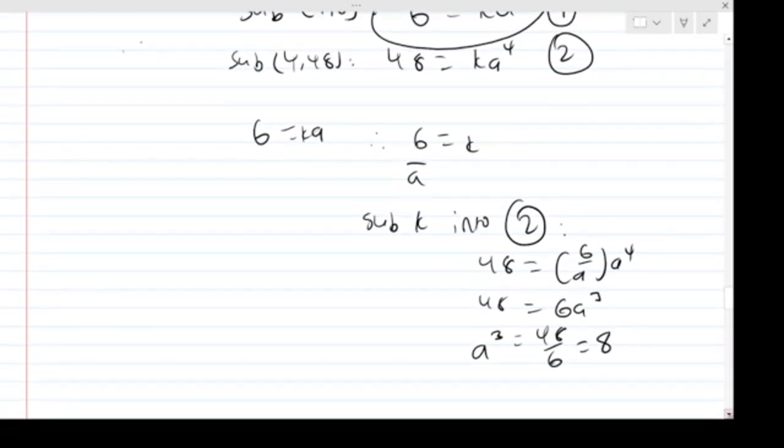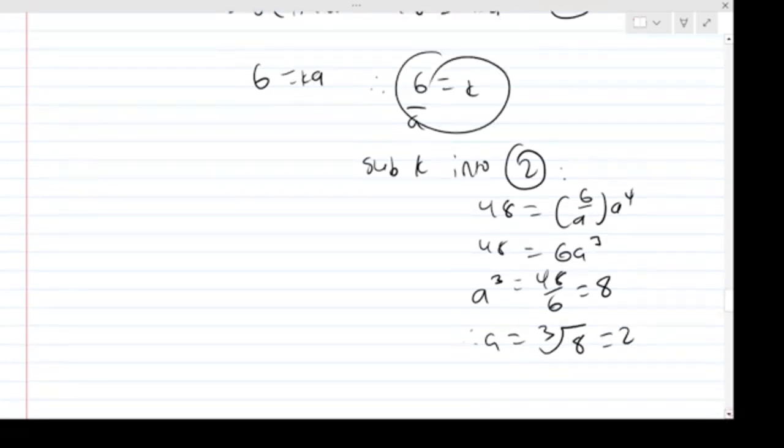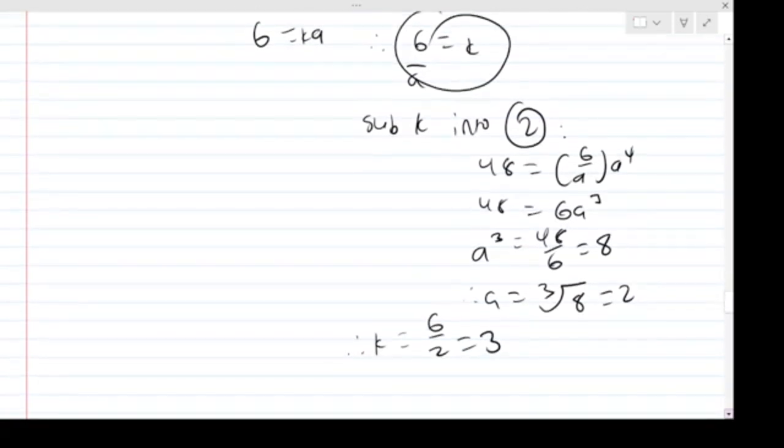And so if a cubed is 8, if we cube root 8, that would be 2. So a is 2. Now that we know that a is 2, k is going to be 6 over 2, which is 3. And those are my values of a and k. A is 2, k is 3.